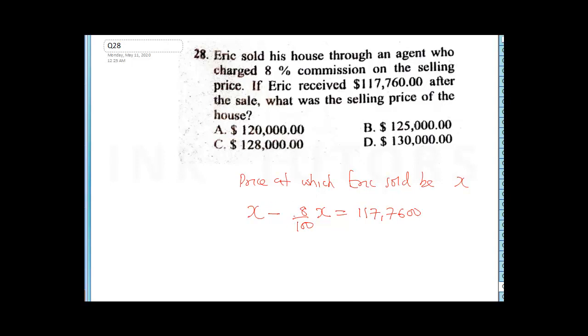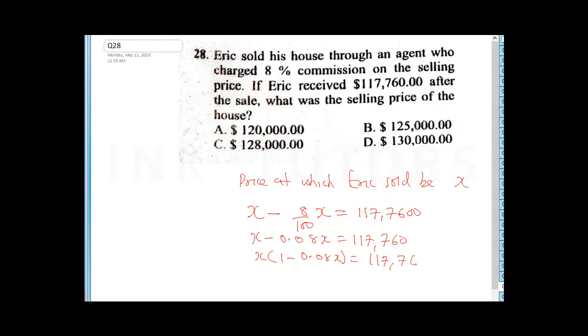So this means X minus 0.08X is equal to 117,760. Now factorize X out. This will be 1 minus 0.08 X is equal to 117,760. Now, sorry, there's no X here again.